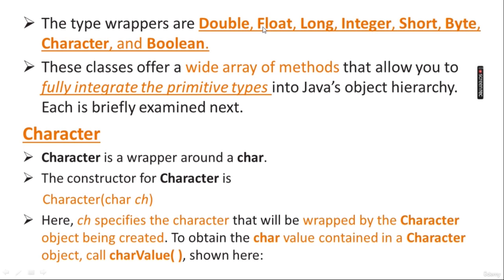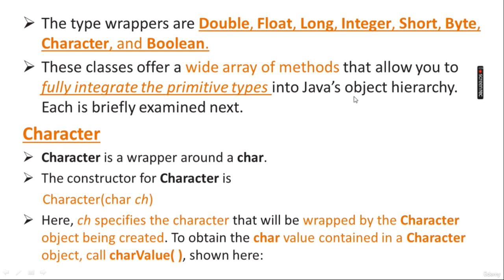They are not part of the object hierarchy, and they are not objects themselves, but they can be wrapped into objects, that is, into the type wrapper classes. So these are classes, and these classes offer many methods. By using those methods, you will fully integrate the primitive types into Java's object hierarchy.